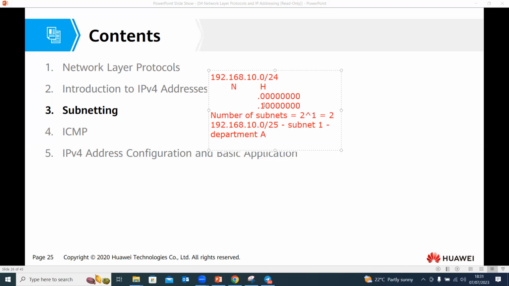Now, remember you've taken this off. So meaning the available IP addresses are going to start from here. They are now 7 bits instead of 8 bits.